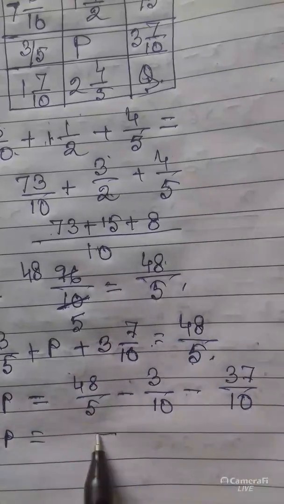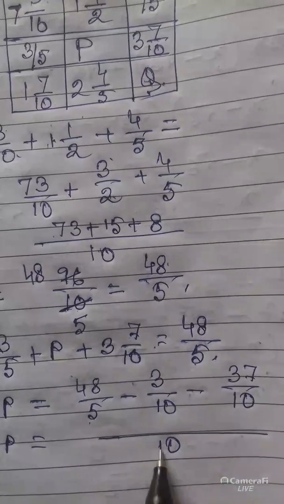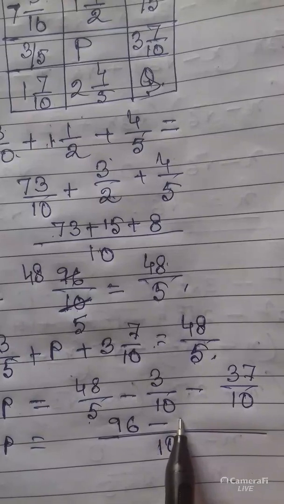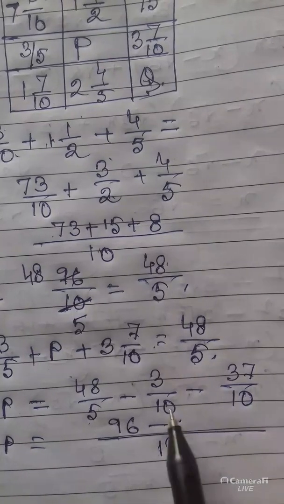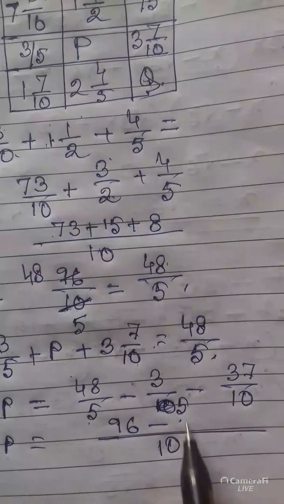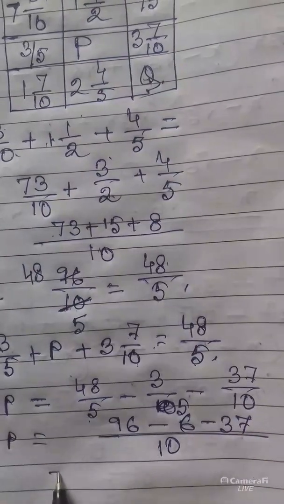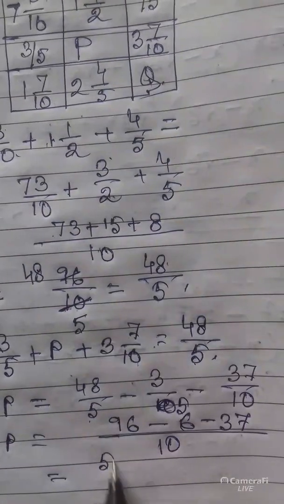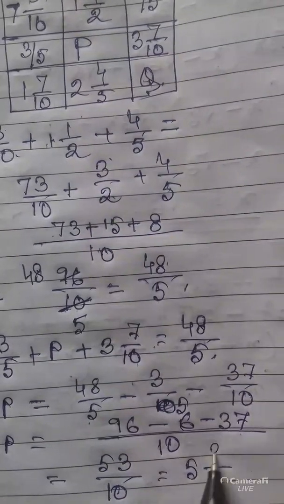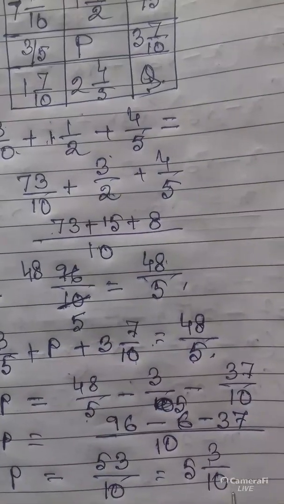With LCM 10: 96 minus 6 minus 37 equals 53 by 10, which means 5 whole 3 by 10. P equals 5 whole 3 by 10.